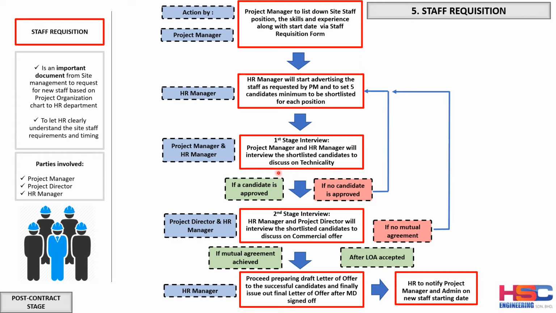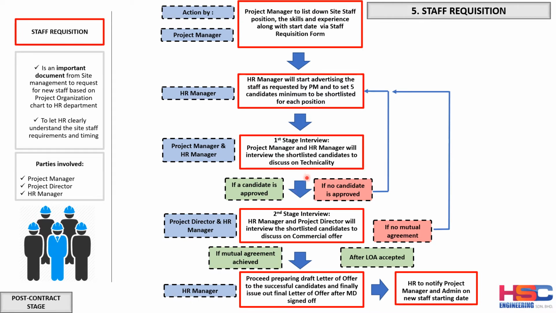Okay, then the project manager and HR manager, once they have looked at the shortlist, will do a first stage interview. The project manager and HR manager will interview, and in this first stage, they discuss the technical requirement and the technical capability of the candidate.